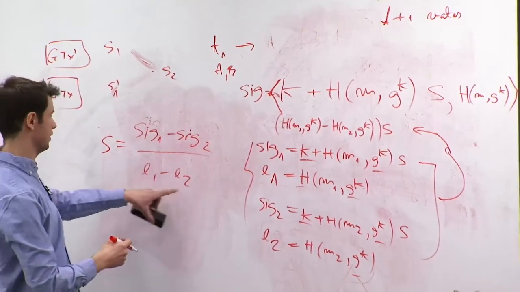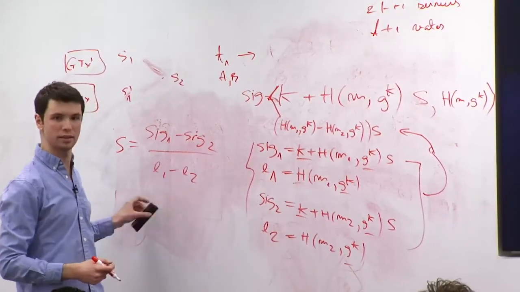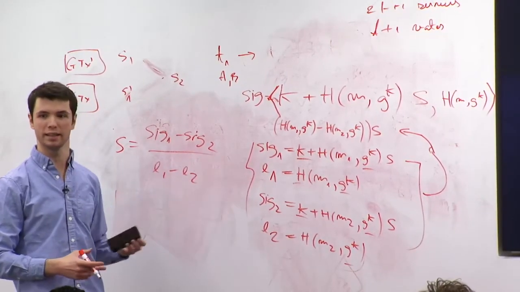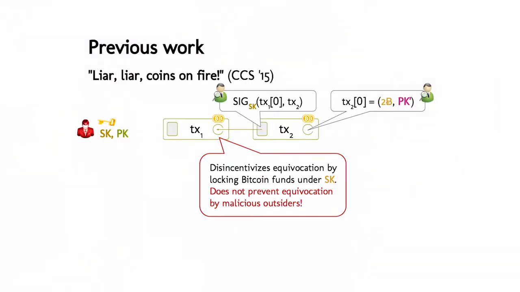And now I take this here in the denominator and I simplify and I get S, right? So it turns out that's kind of the trick that this work leverages, more or less.